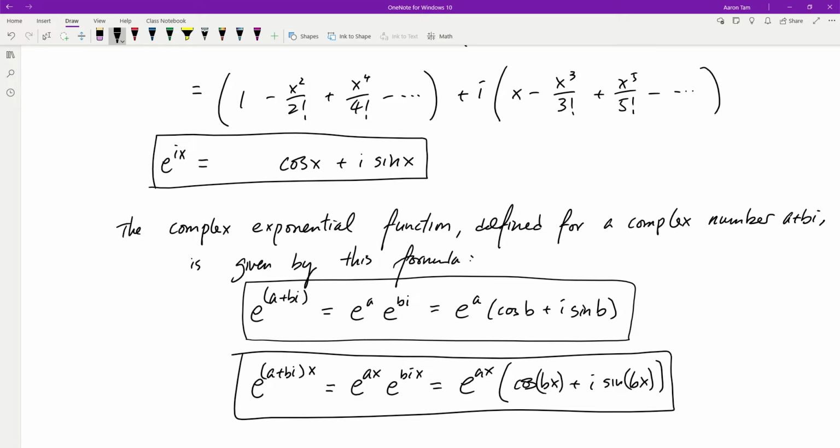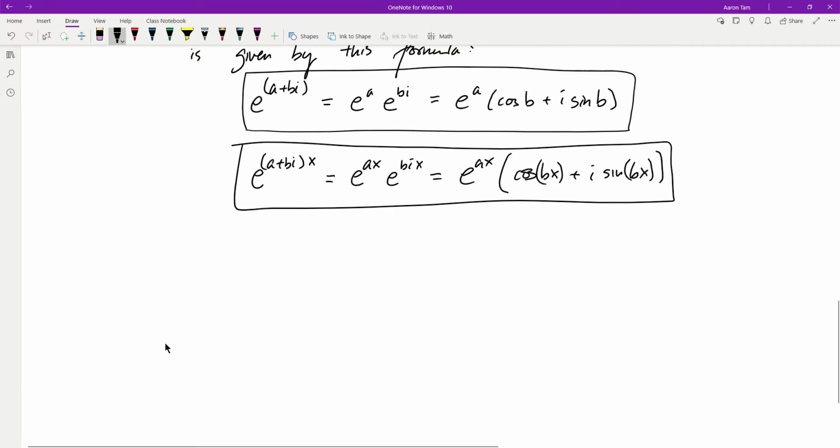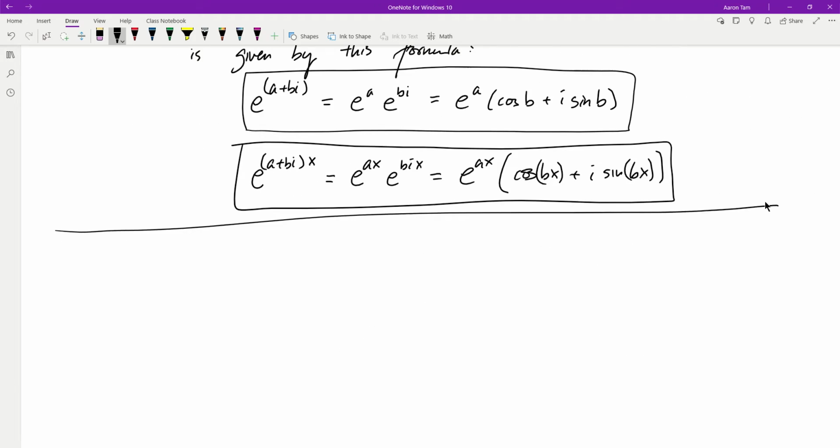All right. Now, the interesting thing about it is the following. When we define our complex exponential function using this definition, it actually has a lot of advantages that we can make use of. So let's talk about different properties that are important about this definition.